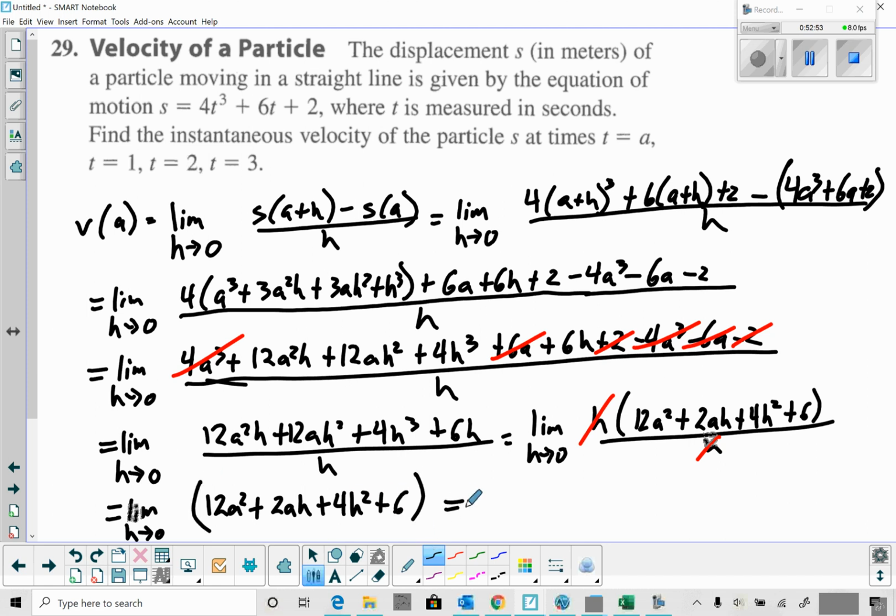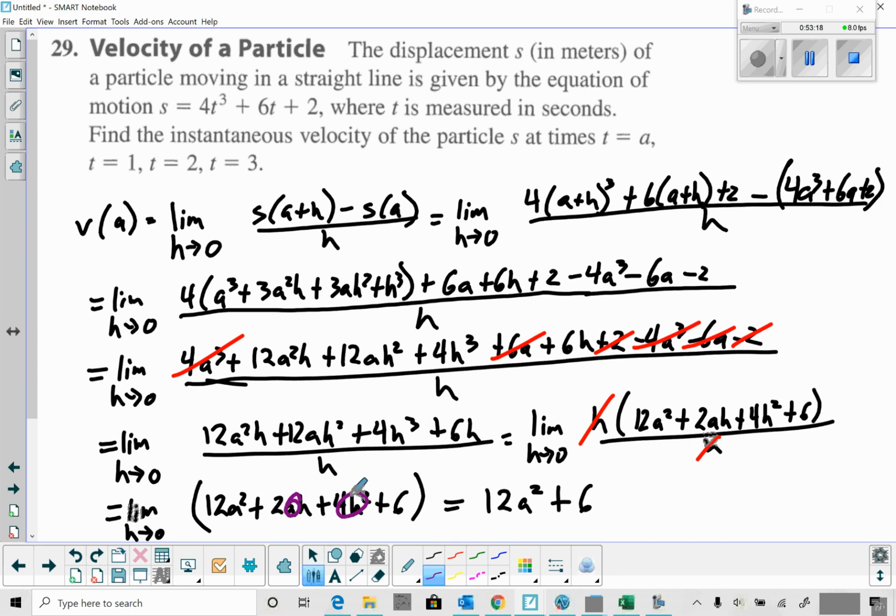And the limit of that as h approaches 0 is simply going to give us 12a squared plus 6. Because again, this will turn into a 0 and that'll turn into a 0 as h approaches 0. So we just have these two terms.